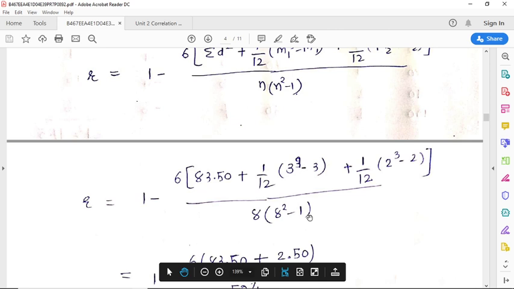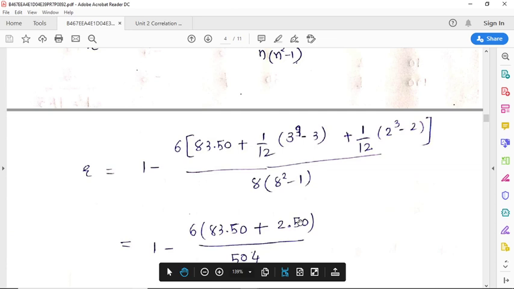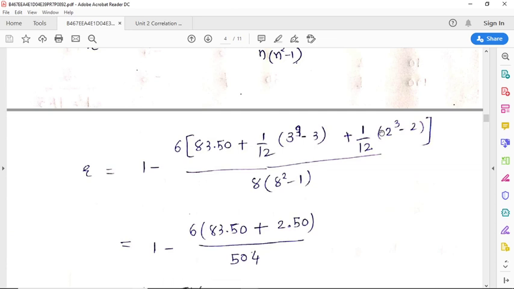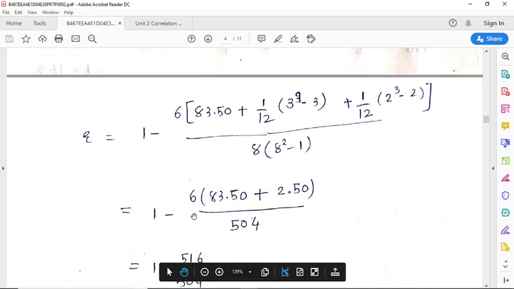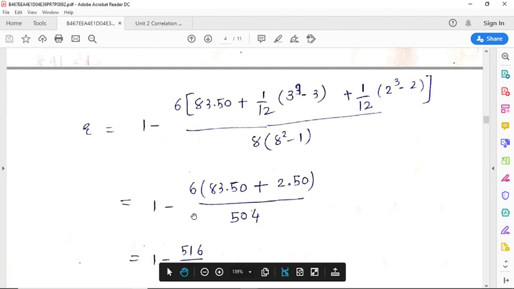So first solve that. 3 cube is 27 minus 3 gives 24, 2 cube minus 2 is 6, divided by 12 is 0.5, so that will give 2.5. Add it to the 83.5, take the total, multiply with 6, and that will give 516.